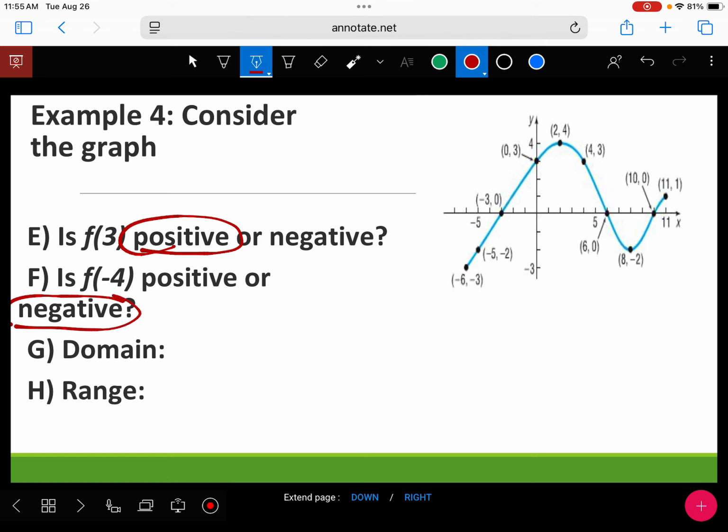Now, we talked about domain and range yesterday from looking at a graph. So remember, domain goes left to right. So if I'm looking at my x-axis, this graph, it starts here, it ends here. So the values of x are in between those two places.